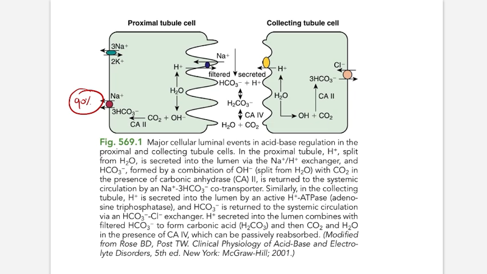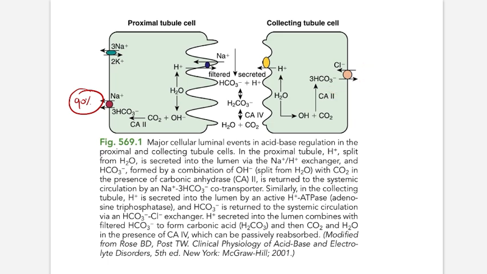Now we'll go to collecting tubule cells. What happens in the collecting tubule cell? Again, H2O gets divided into H plus and OH negative. OH negative similarly combines with CO2 in the presence of carbonic anhydrase 2, and bicarbonate is formed. Now this goes to the systemic circulation via the bicarbonate chloride exchanger.